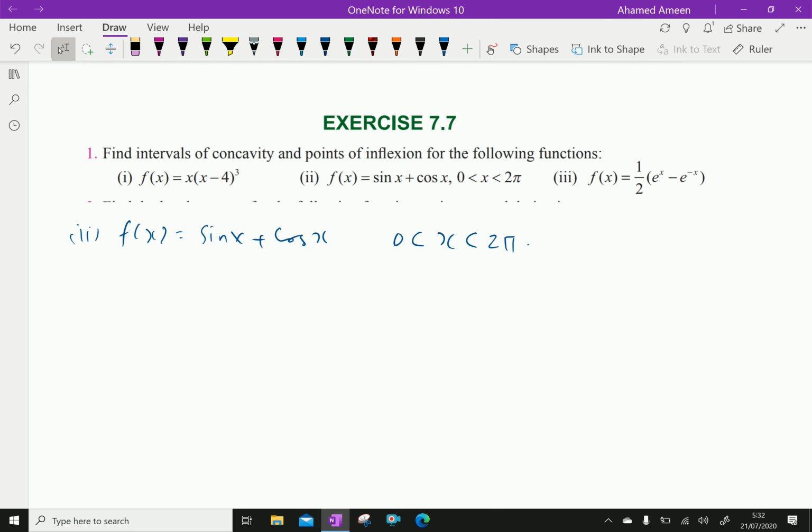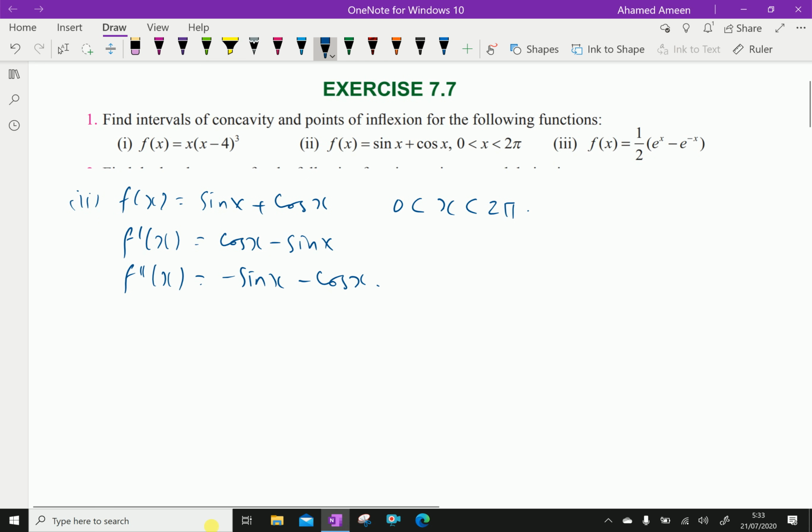Now first, f dash of x, that is differentiate f of x. It gives sin x differentiation is cos x, cos x differentiation is minus sin x. Then f 2 dash of x equals minus sin x minus cos x.